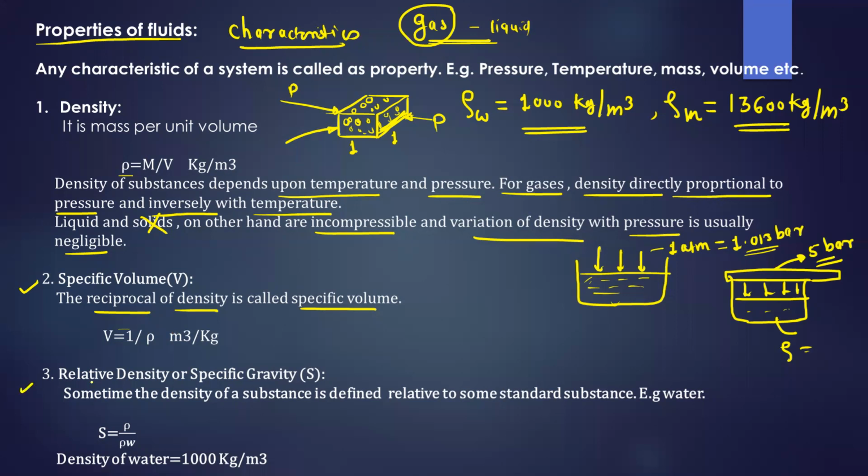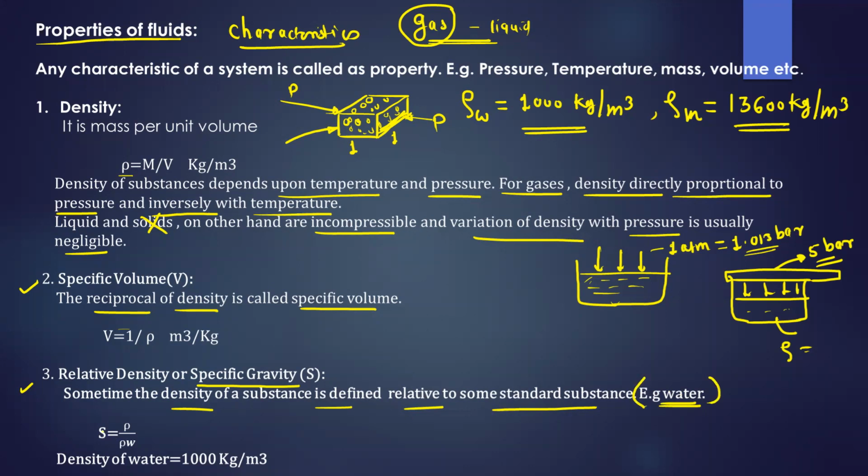Next property is the relative density, or this is called the specific gravity. Sometimes the density is just given as one constant value. That is called the specific gravity, or the relative density. So the density of a substance is defined relative to some standard substance, and the standard substance is nothing but water.